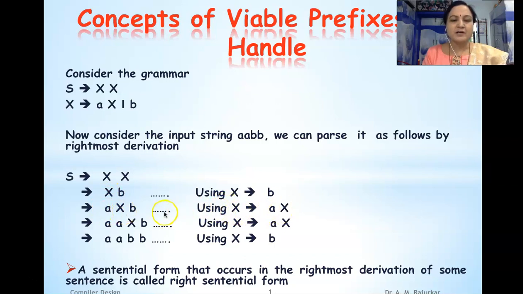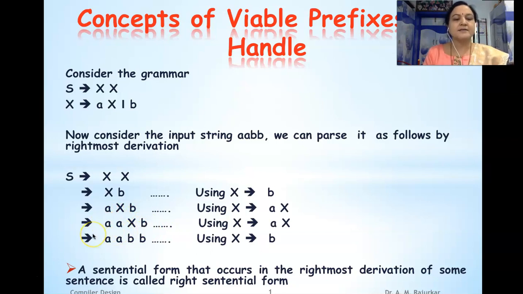Now again scan the right hand side from right to left. The first non-terminal coming across is this X. This X can also be substituted by the production AX, because we have a production X tends to AX. So this X is substituted by AX. Now our right hand side is AAXB.